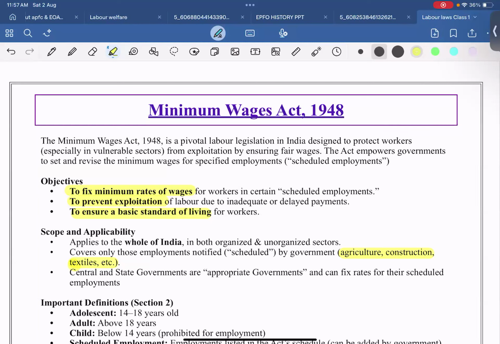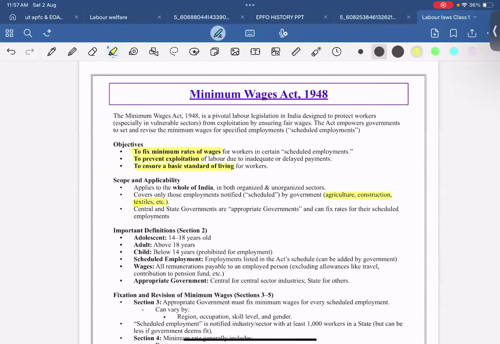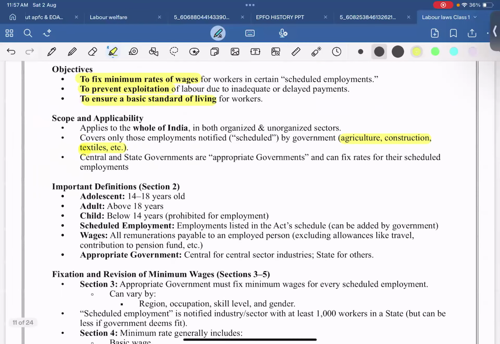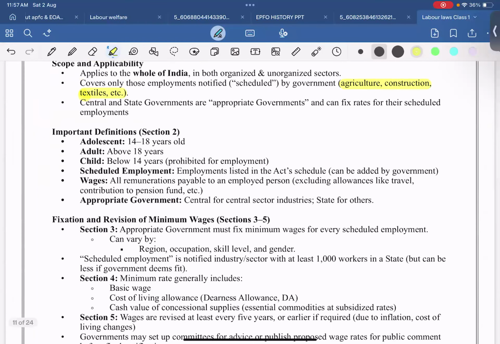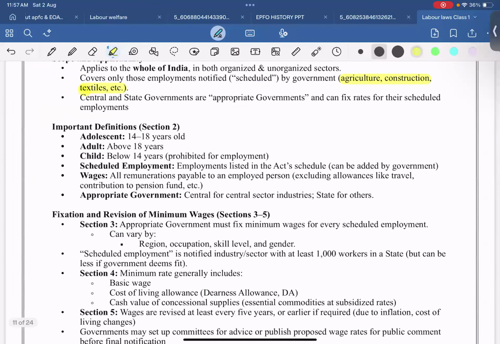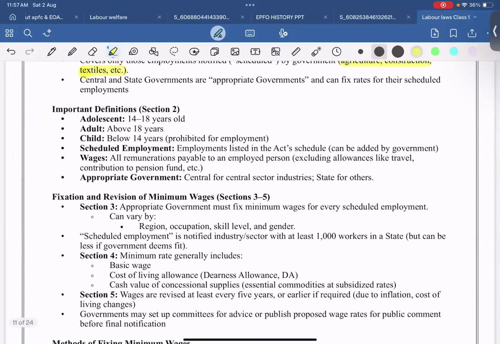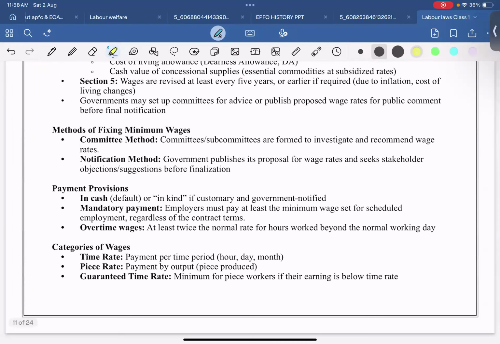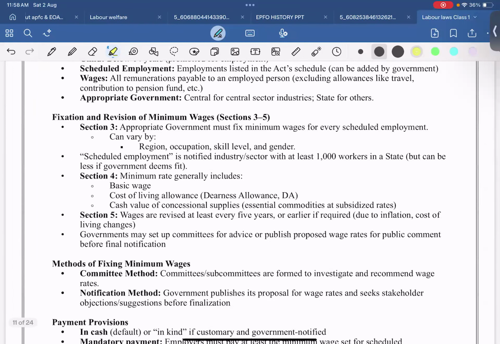Who is asking? Anju. Anju, the duration of classes will be 15 minutes more. So don't worry about that, right? 15 minutes more. Why is this happening? Is the voice clear to everyone? Or is it echoing?